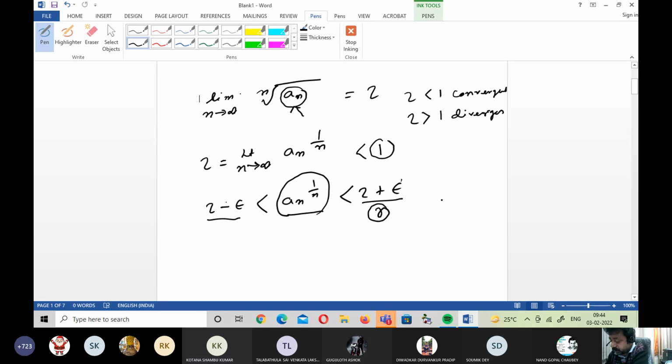Then you compare that a n is less than R to the power n, and the sum of R to the power n from 1 to infinity, if R is less than 1, is convergent. Is it correct or not?